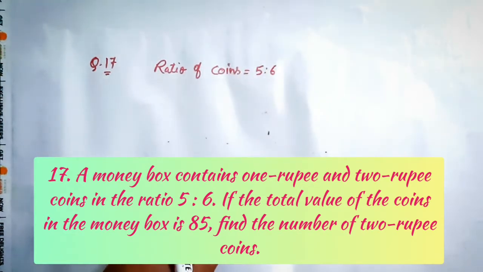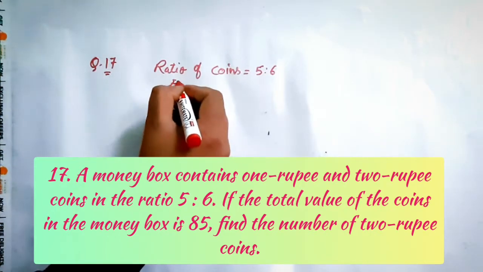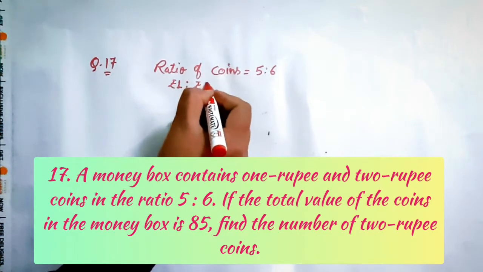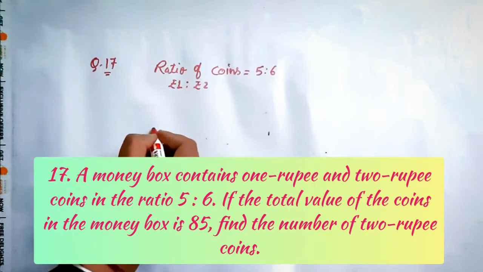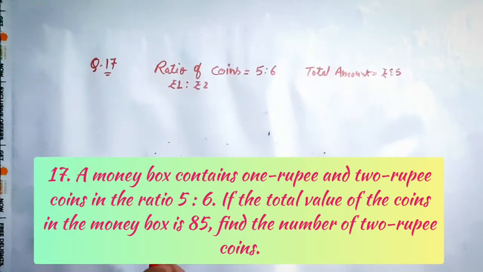It is the ratio of rupees 1 coins to rupees 2 coins. Then it says, if the total value of coins in the box is rupees 85, means total amount will be rupees 85. We need to find the number of 2 rupee coins.